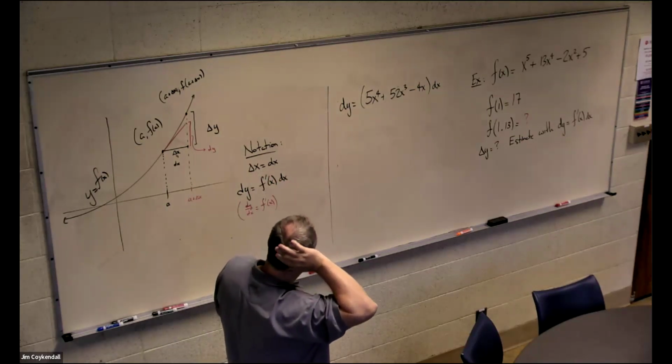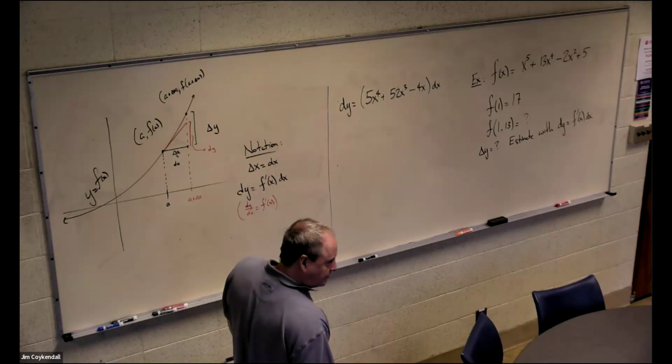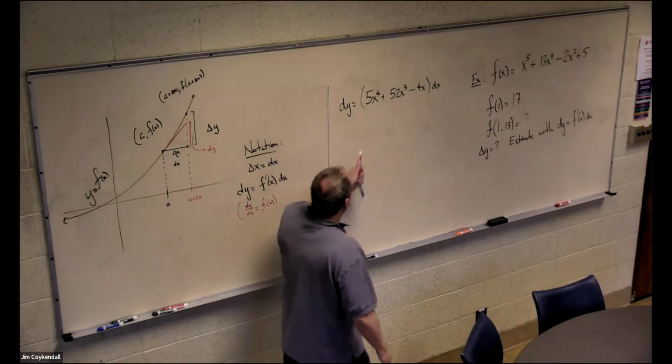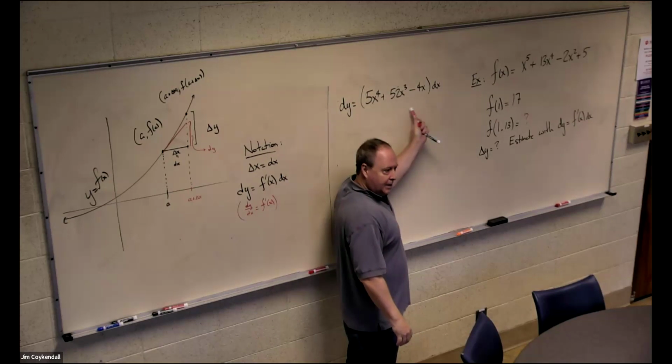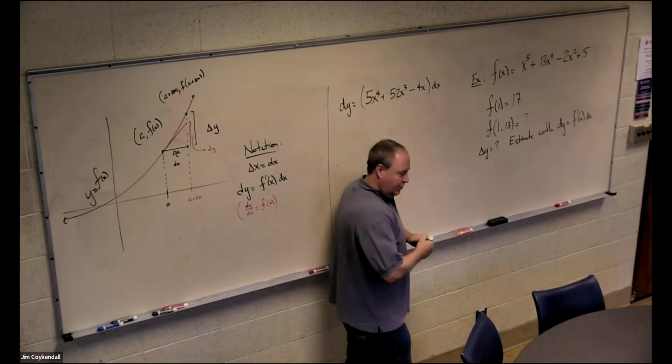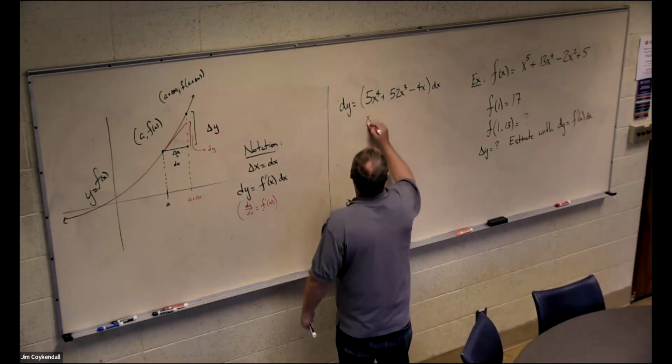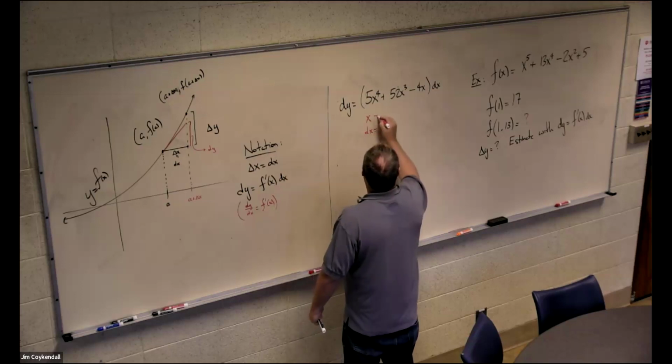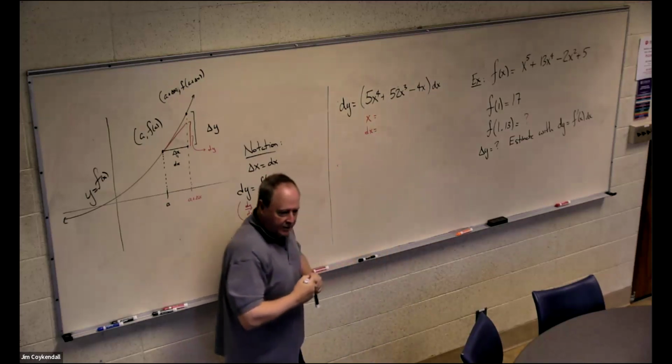Let's see if I do. Now to estimate this change in y by using dy, I need to know two things. I need to know x and dx. I need to be able to plug in numbers for this.